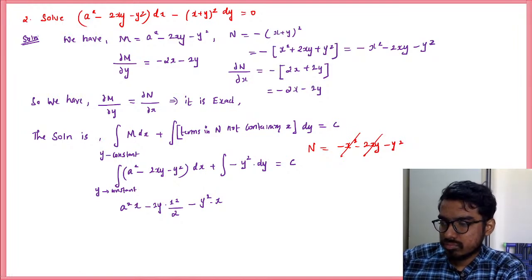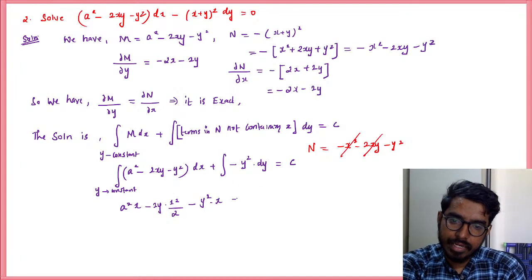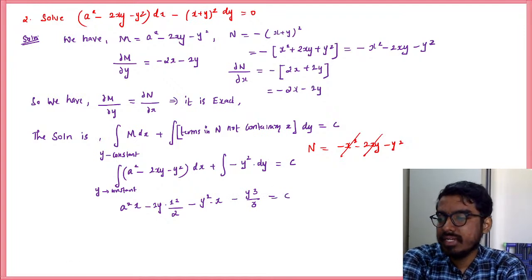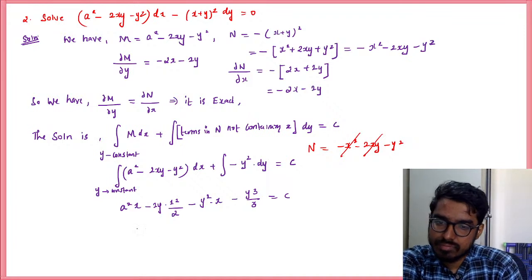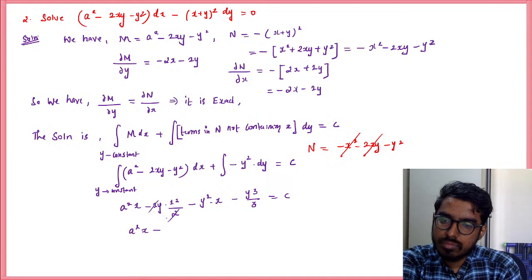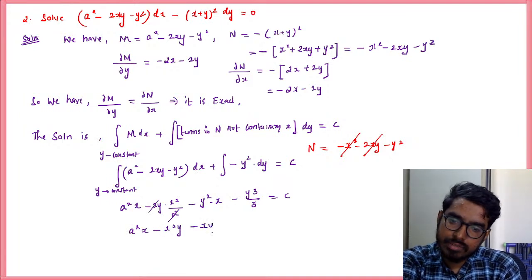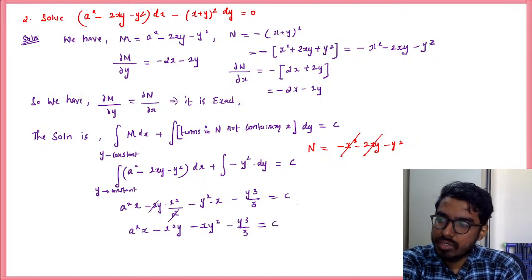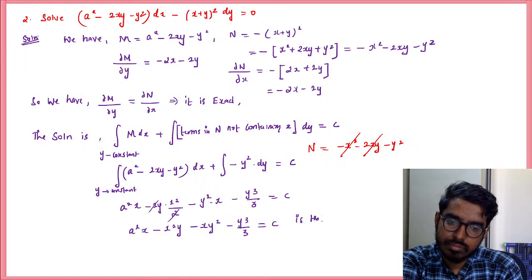Then minus y³/3 is equal to c. That's it. This is the required solution: x³/3 − x²y − xy² − y³/3 = constant.